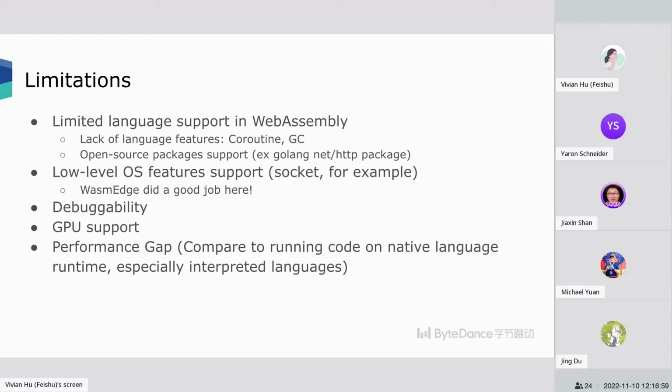On performance, we noticed that we tried to compile some microservices and the Kitex framework that ByteDance open sourced. When we compare the performance with respect to the native runtime language, there is 10 to 20% degradation in the good case, in some cases even 44 to 50%, because they are not written with WebAssembly as a runtime.